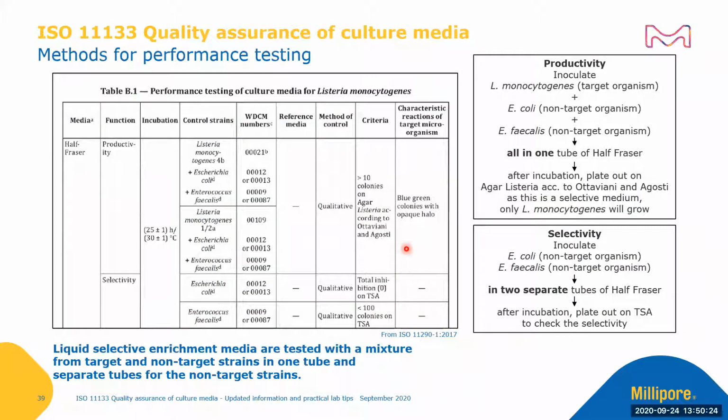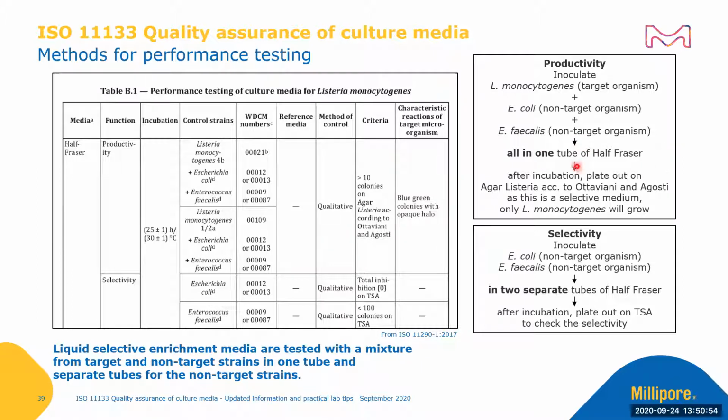The performance of liquid selective media is tested, for example, with a mixture of target and non-target strains in one tube and a separate tube for the non-target strains. As an example here for the Half Fraser, you have one tube which you inoculate with Listeria monocytogenes as the target microorganism, and E. coli and E. faecalis as non-target microorganisms, all in one tube of Half Fraser.